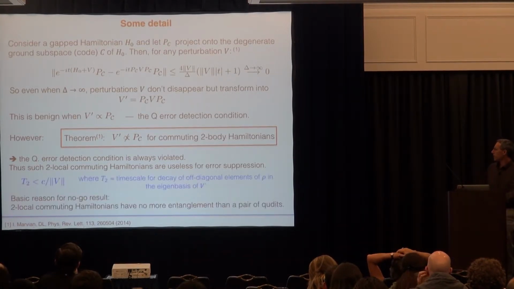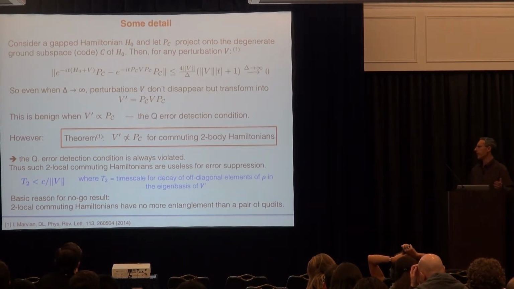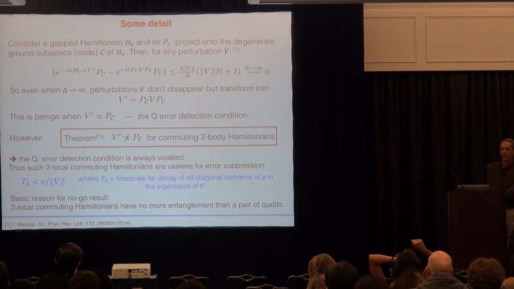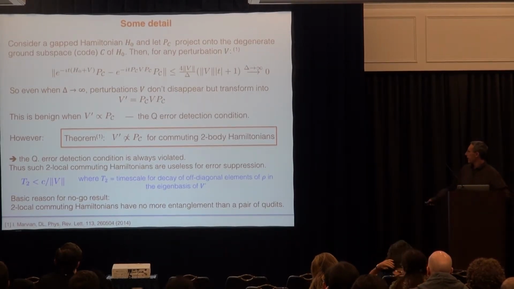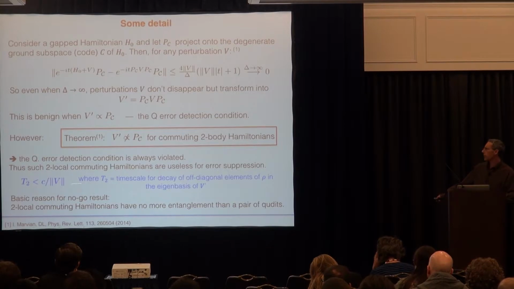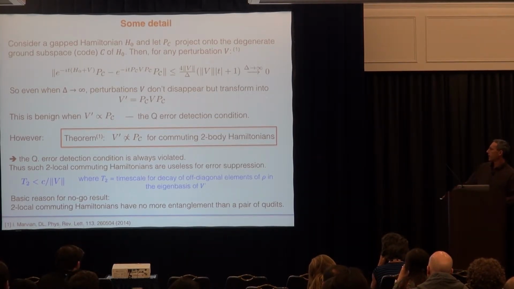We can make that statement more explicit. We can compute the T2 dephasing time, where here T2 is defined as the timescale for the decay of off-diagonal elements of the density matrix in the eigenbasis of V prime. And what we find is that this T2 is always upper bounded. You can't make it infinite. It is bounded by a quantity that goes like the inverse of the perturbation norm.